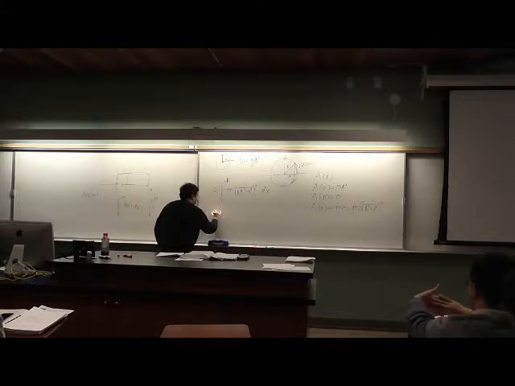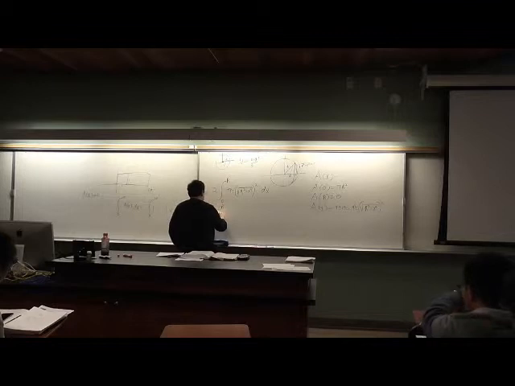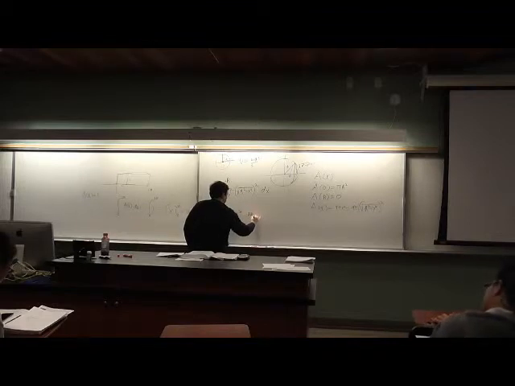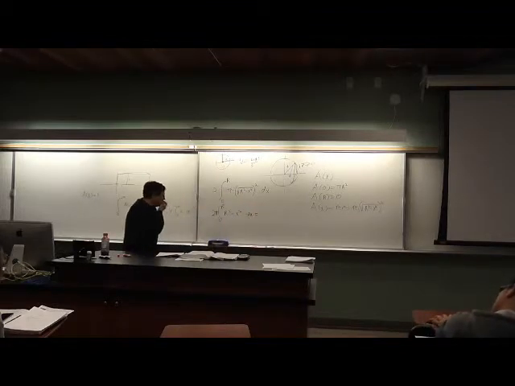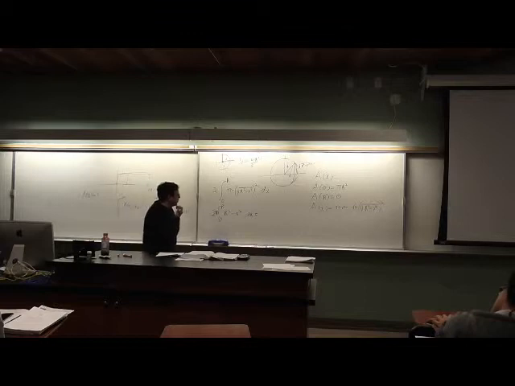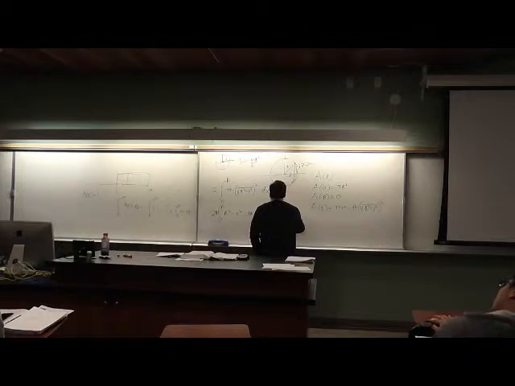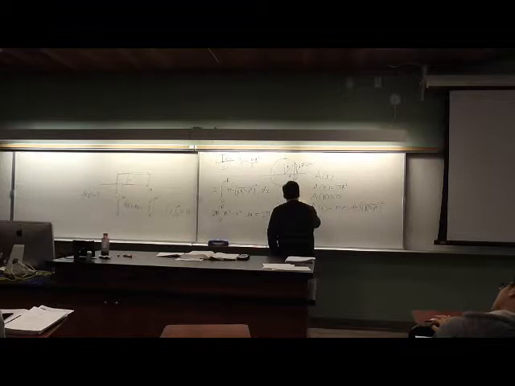And now simplifying, this is 0 to R, take the pi out, R squared minus x squared dx. Now this is an integral that should be fairly straightforward: 2 pi times big R squared x minus x cubed over 3, from 0 to R.